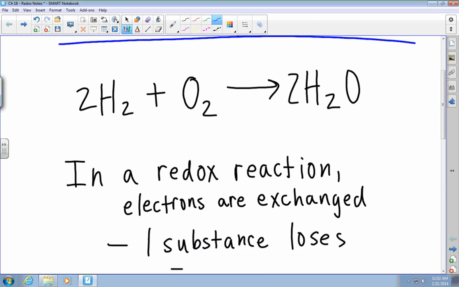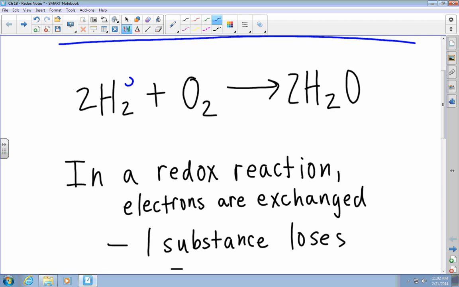So if we look at hydrogen, what is the charge on the hydrogen? Actually, it's not plus. If it was a hydrogen ion, it would be plus. But if it's hydrogen in its natural state, what's its charge? There's no charge, it's 0.